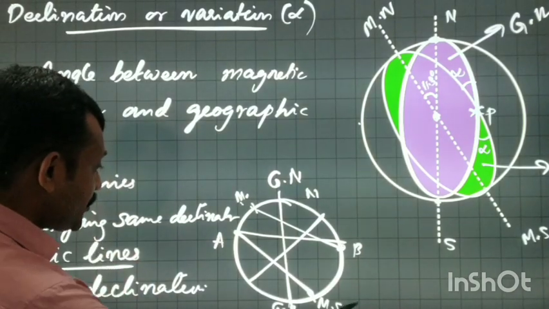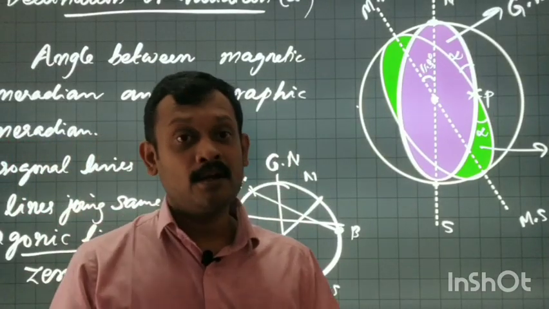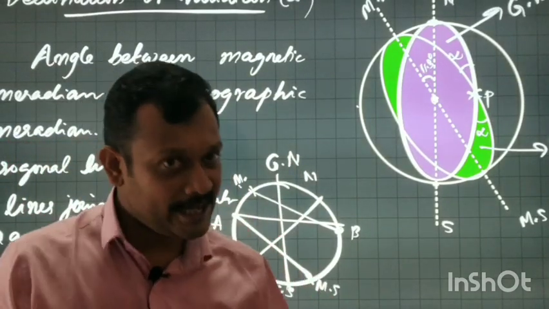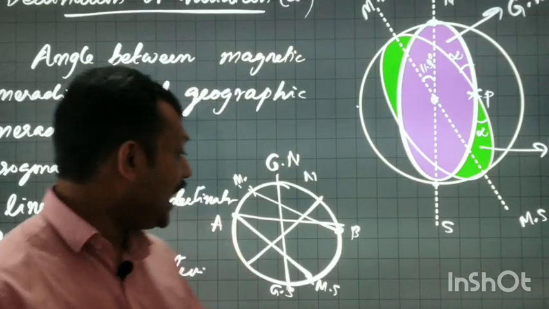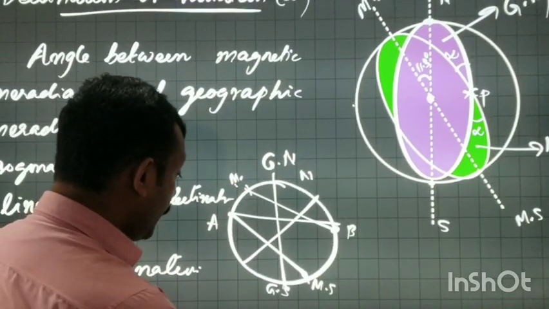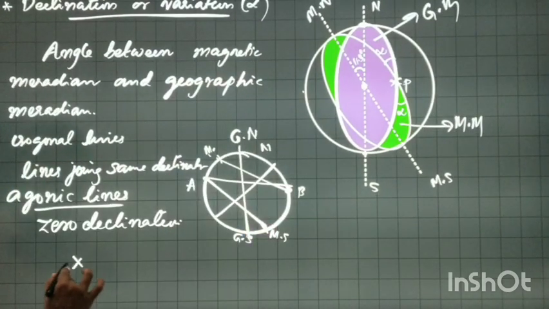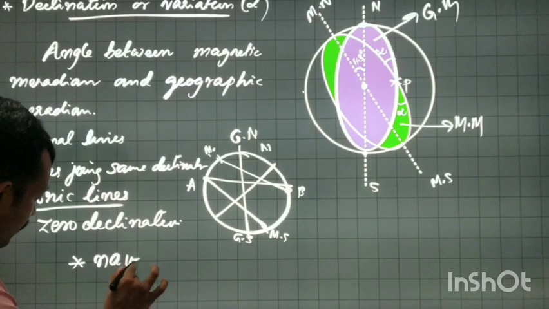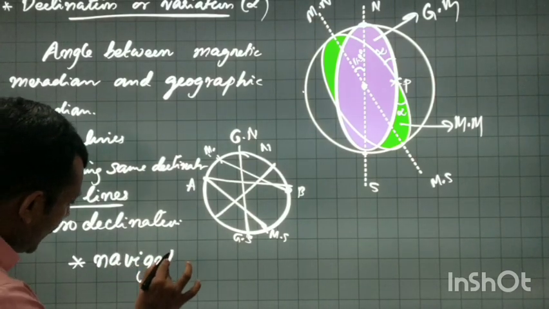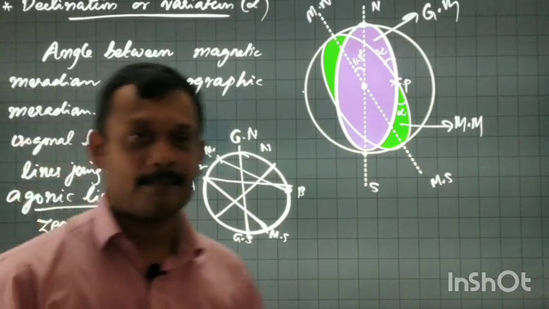Okay, what's the importance of declination? The main importance of declination is in navigation purpose. We can use a compass needle to measure declination at a place.